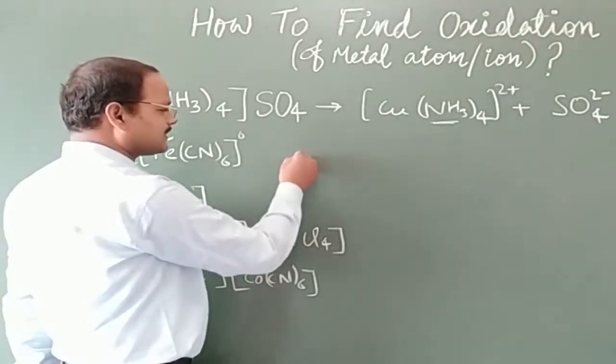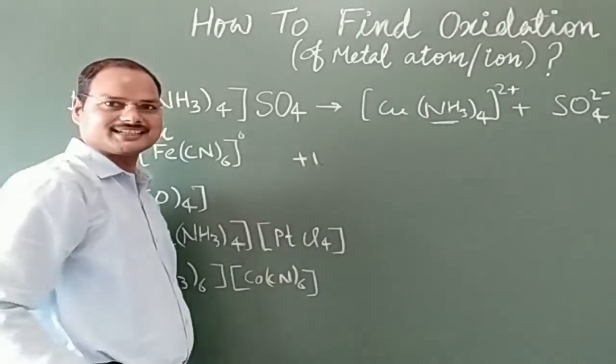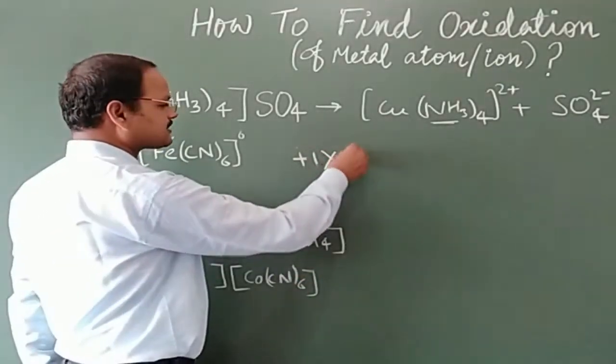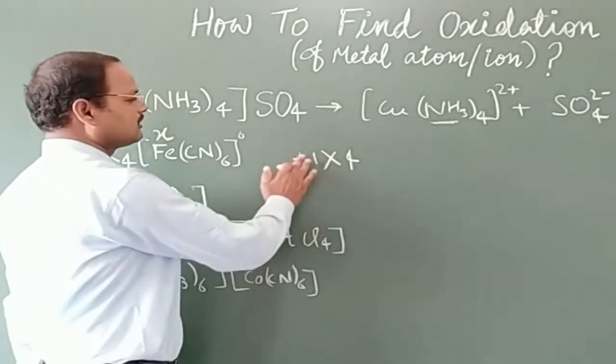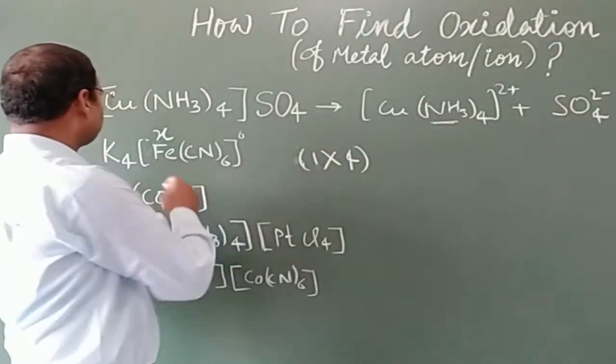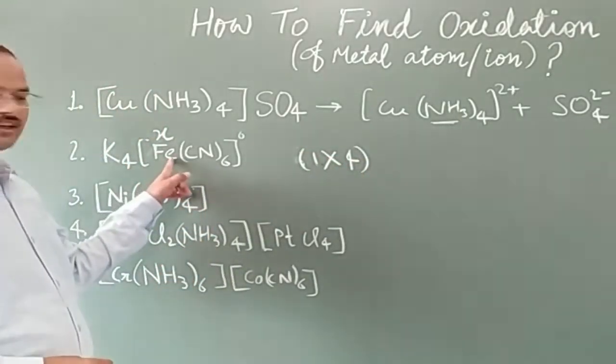As we know, potassium has +1 oxidation state and there are 4 atoms, so it is multiplied by 4. And now see the next part.